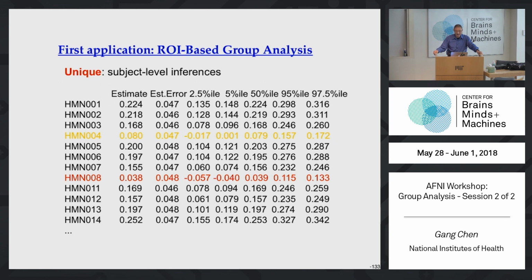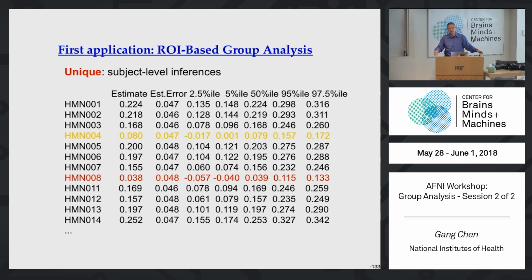For example, you can go back and say something about each subject as well. You get the mean, the standard deviation, the quantile interval. You can talk about some outliers. There is more you can explore. I haven't done anything about this, but that's a potential area to look into in the future.